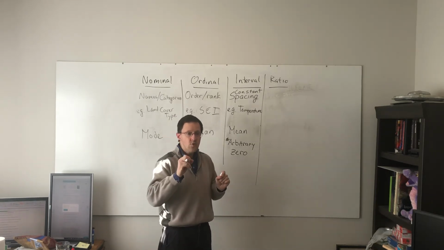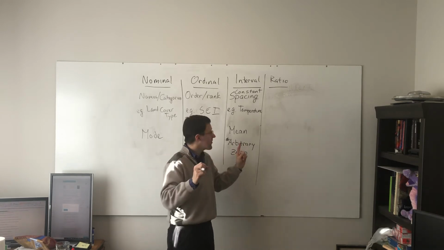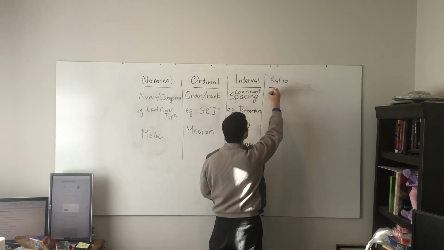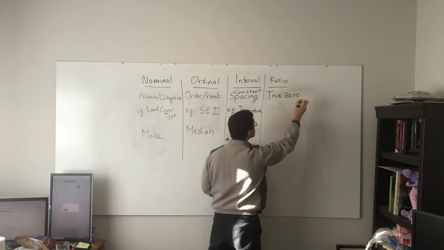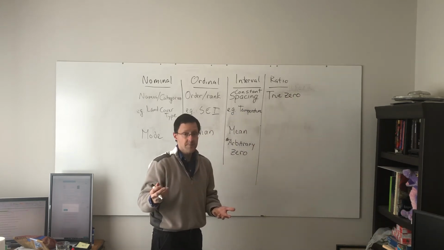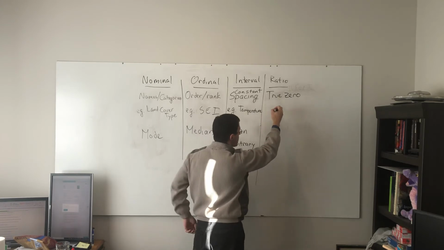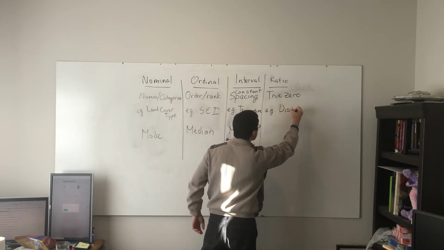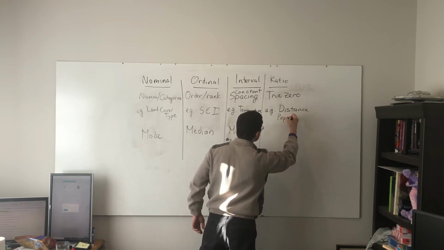If we do have a meaningful 0, that moves us over into the last category here, which is ratio data. Now with ratio data, I'll give two examples, distance and population.